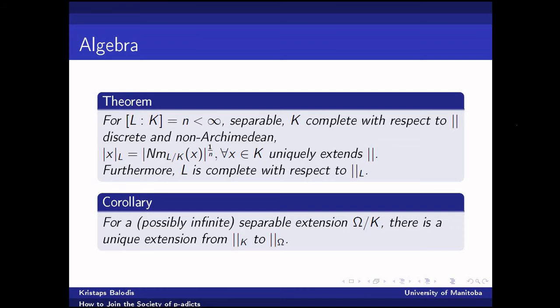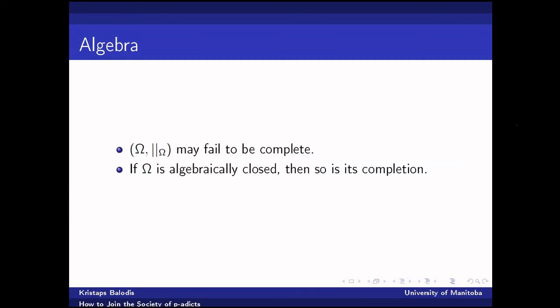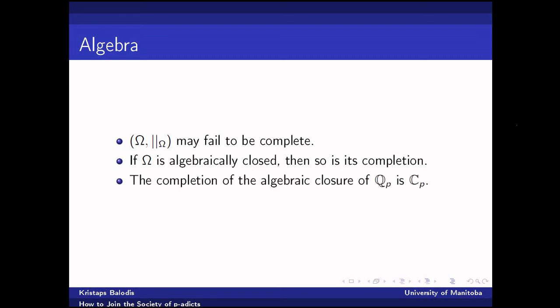Notice, however, that in this case L may no longer be complete with respect to the extension. So something, of course, as to be expected, does get lost in the infinite case. It turns out if Omega is algebraically closed, then its completion will be as well, though. So there's still some very nice structure going on.